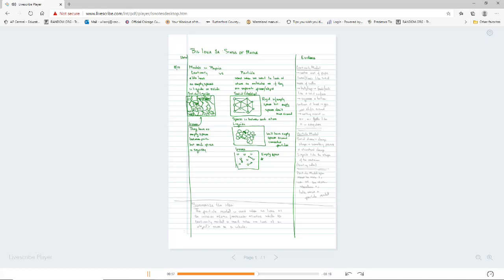So what is some evidence for the continuity model? I'm going to come over here. Continuity model. Water out of a hose pipe looks like and feels like a solid mass of water.